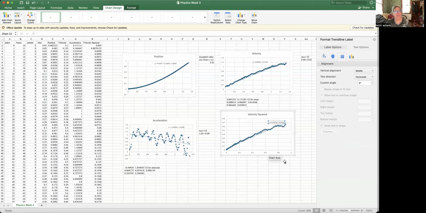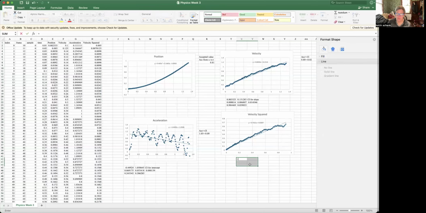That's not 0.8, but let's do the statistics and see if we're within a confidence interval of our accepted value, quote unquote accepted, of 0.81. Okay, so here we go. Let's do our stats again. Equals LINEST, again. The known y's now are velocity squared, that is the H column, H2 through H134.